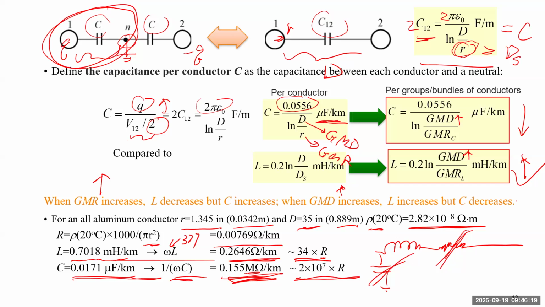It's like an open circuit. So finally, the L is the most important one to model the line. This basically matches what we're going to learn in the next session about the line model. Any questions?